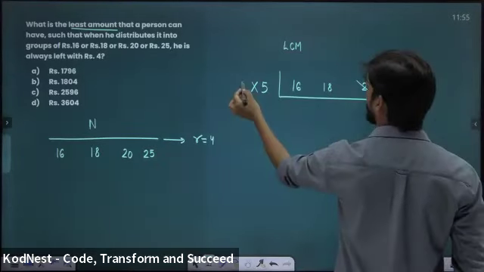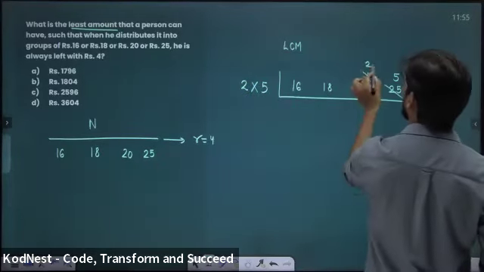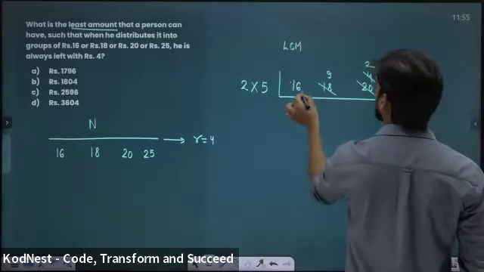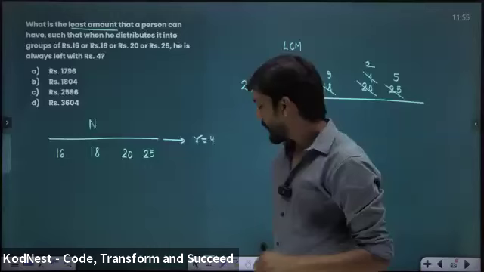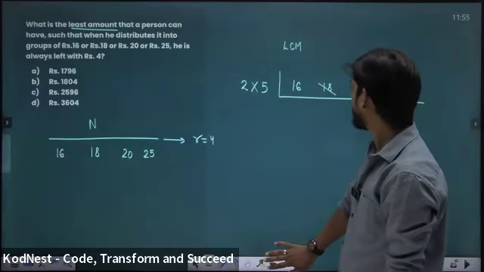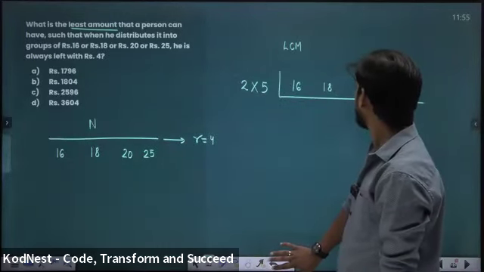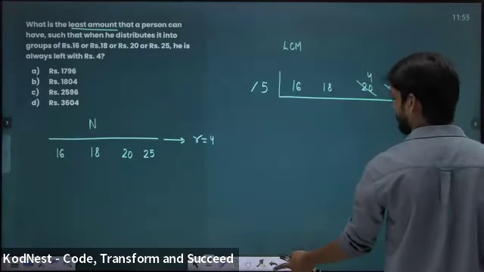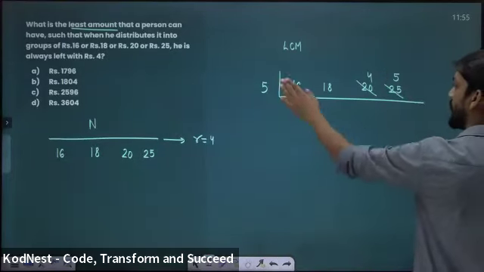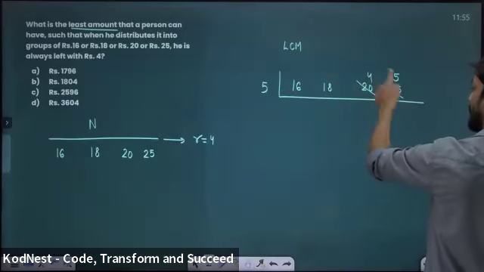Okay, this is 4, 2. 2 into 2, 2 into 9 and 2 into 8. There is one more thing which you can do. Let me tell you that. Okay, suppose I've taken 5. So 5 into 4, 5 into 5.